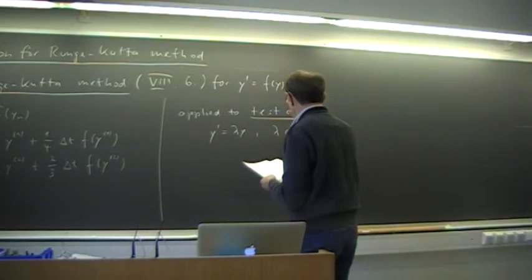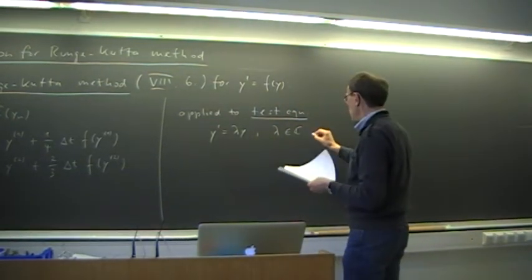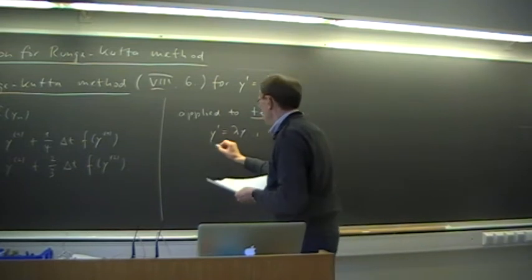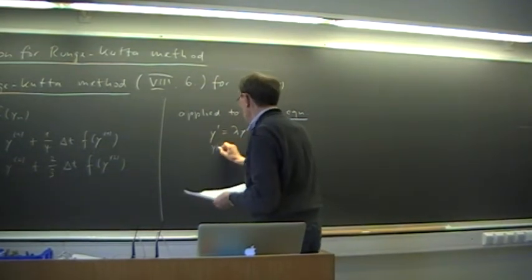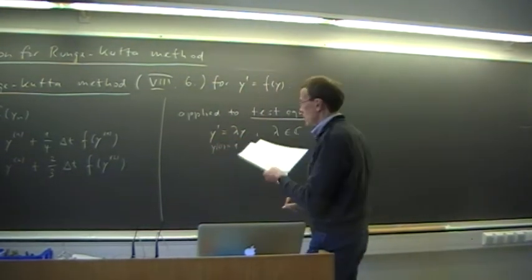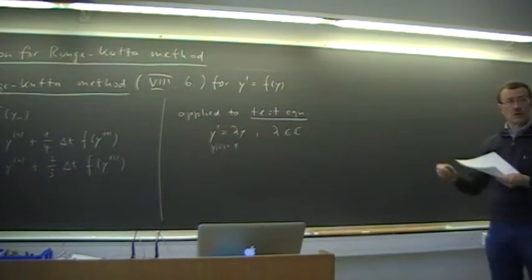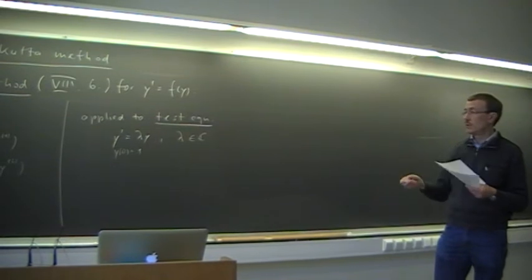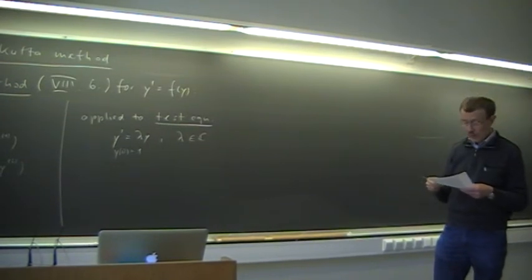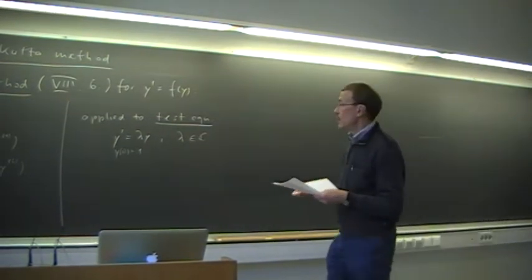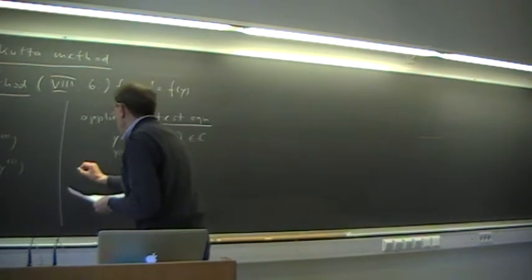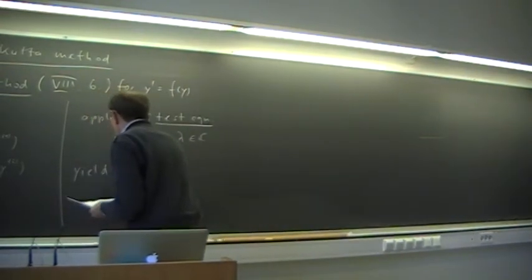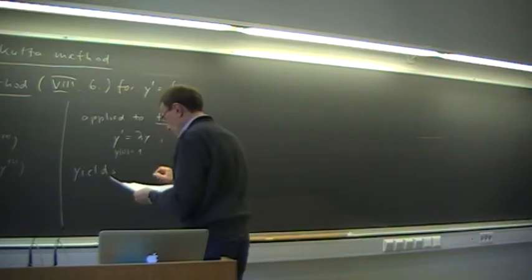Lambda is complex and it is constant. And we assume, which is not important, that the initial condition is 1. So you could simply do just one step with that. So the solution y1 would give us then the amplification factor.